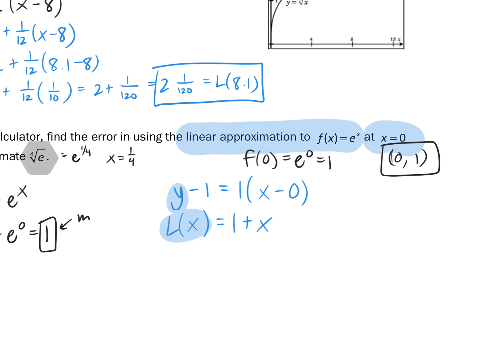So I've got my linear approximation formula. Now I want to evaluate it at when my x is equal to 1/4. So I'm finding L of 1/4. When I plug in 1/4 to this formula, I get 1.25. So my linear approximation of x equaling 1/4 is 1.25. So at a point of 0.25, 1.25.